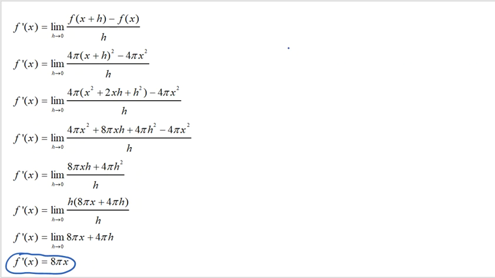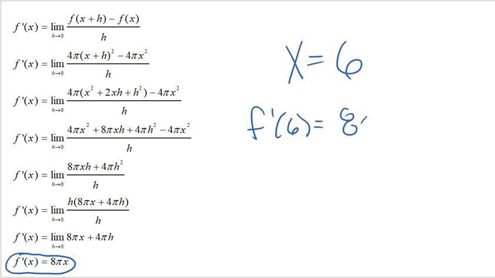So what is the instantaneous rate of change when the radius x equals 6? Well, all I got to do is plug 6 into the derivative. 8 pi times 6. That's going to be 48 pi. And if you're interested in getting a decimal, I'd be okay with you figuring out 48 pi is approximately 150.796.